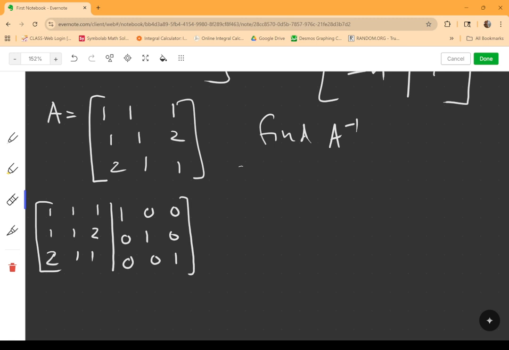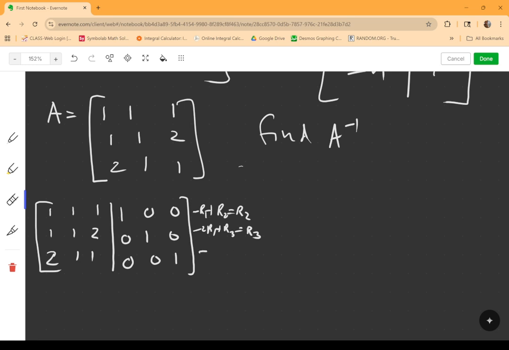I'll start with my first pivot up here, this 1, and then zero out everything below it. I'll do that by taking negative R1 plus R2, which will be my new R2, and also negative 2 R1 plus R3, which will be my new R3.